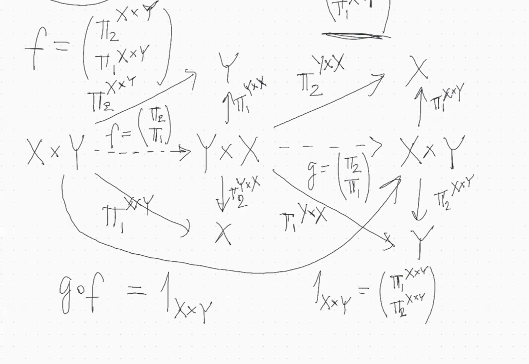So I've got two morphisms, right? Two potential morphisms from x cross y to x cross y. One of them is the identity morphism, and the other is the composite GF. So let's draw that separately here.